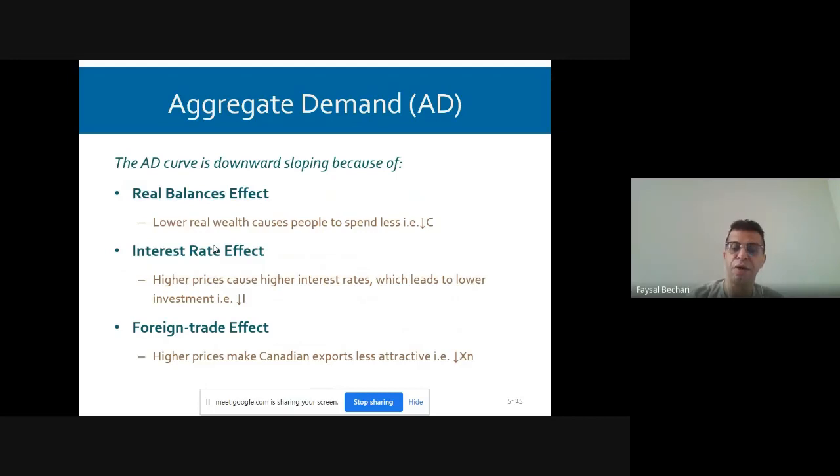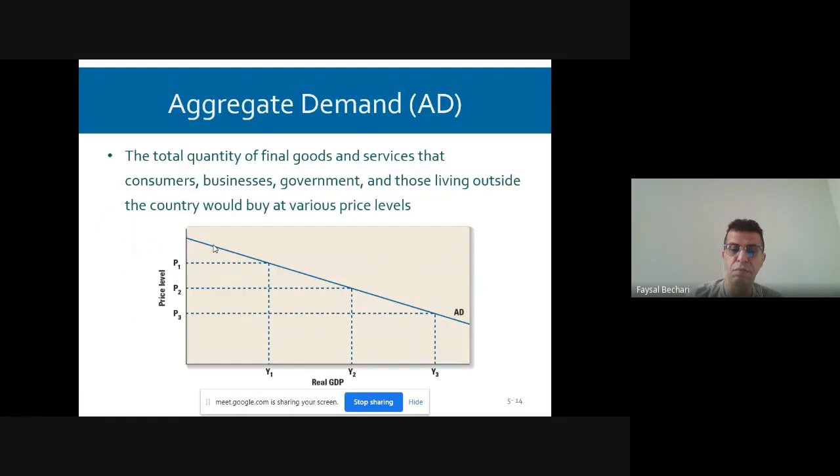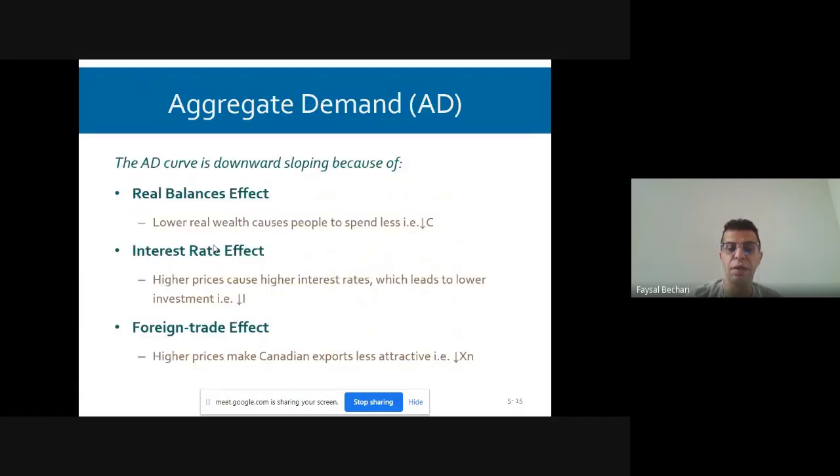The interest rate effect: a higher interest rate will lead to lower investment, because companies do not save money, they just want to invest more and more, and with a higher interest rate people borrow less money, so they are not going to spend more.